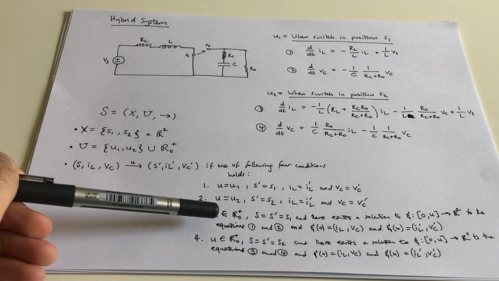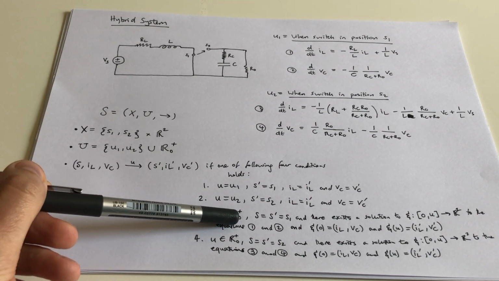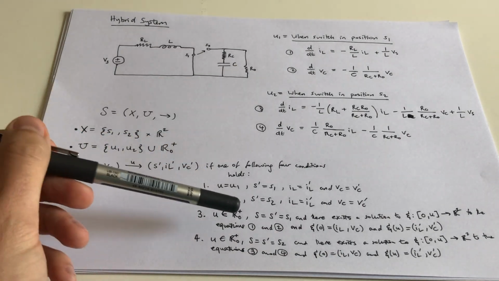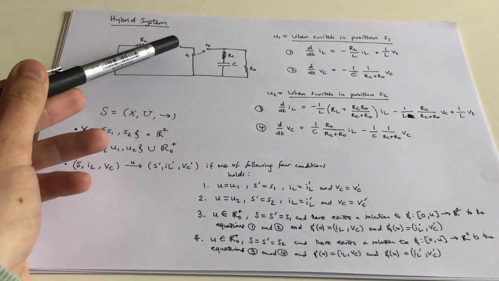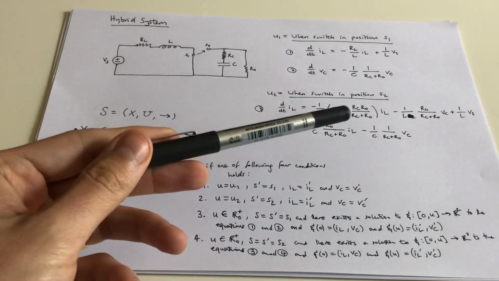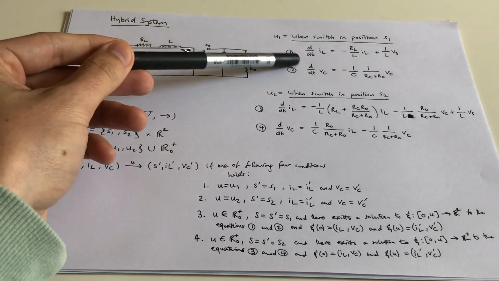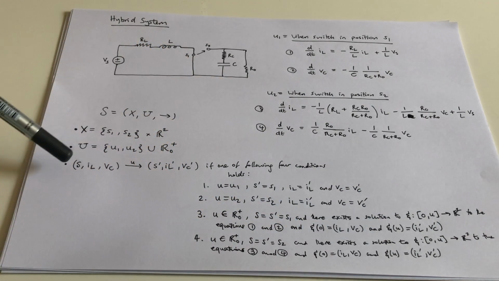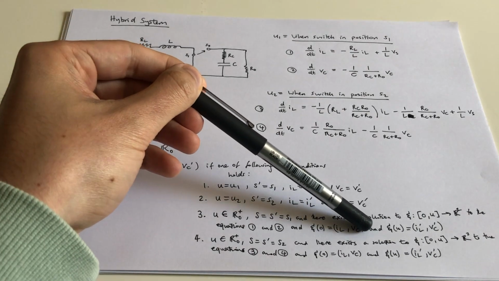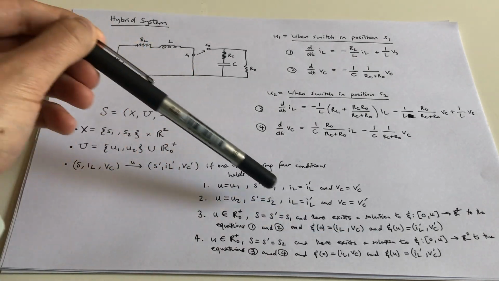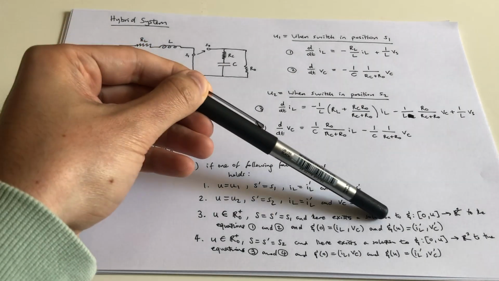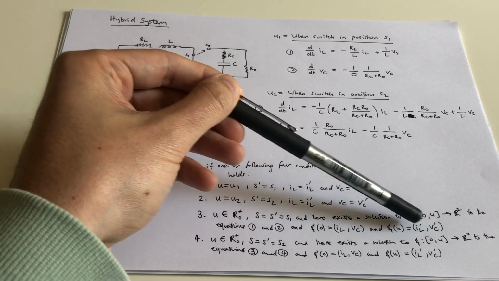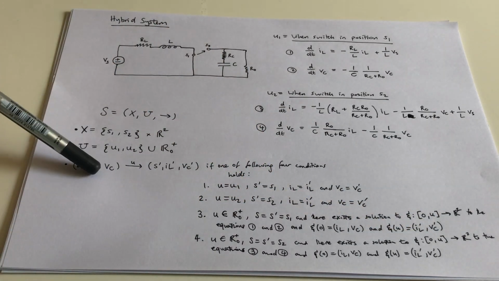However, when we set the input to be this step in time, then the continuous dynamics will evolve. And so what we're saying here then is that the switch will stay in the same position, and that there should be a solution to these equations 1 and 2 such that the initial state here, I_L, V_C, should exist in the first location, and that under this transition U there should be some new state, I dash, V dash, that also exists.